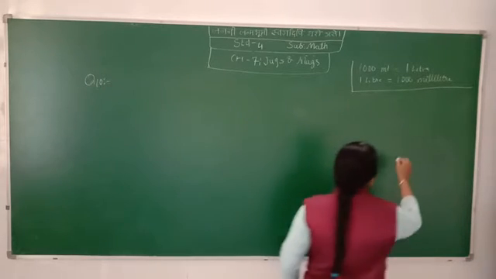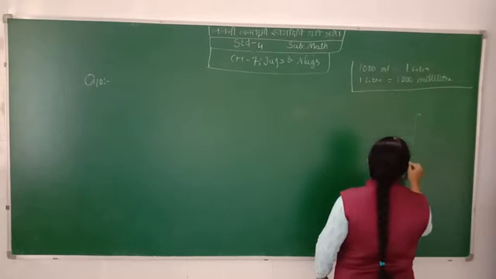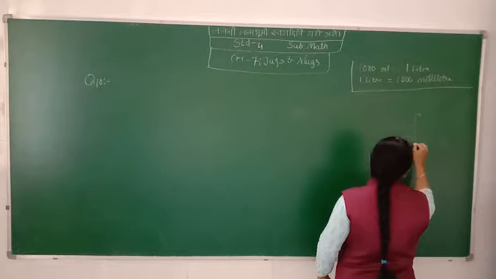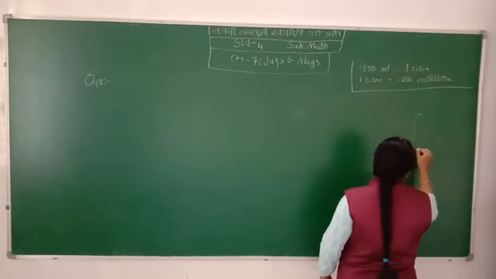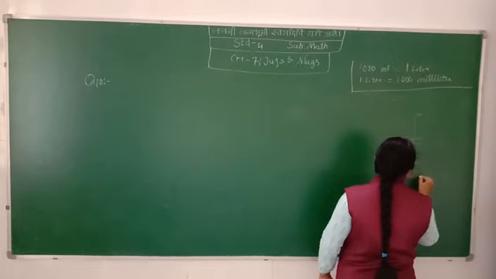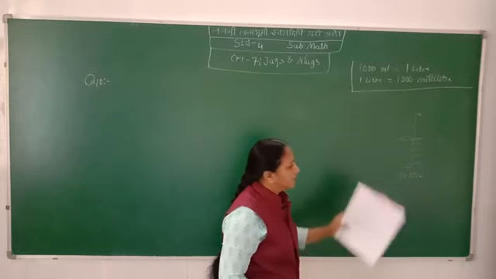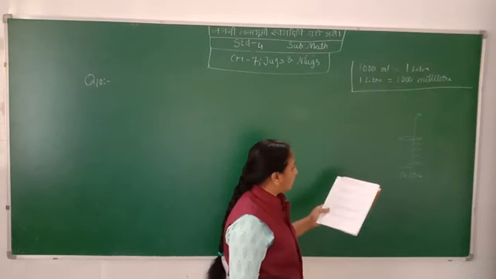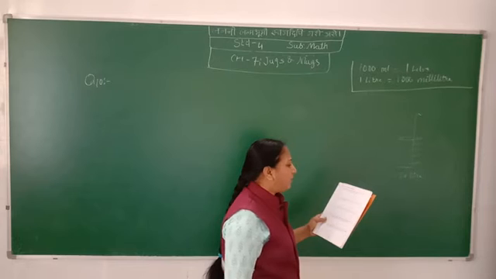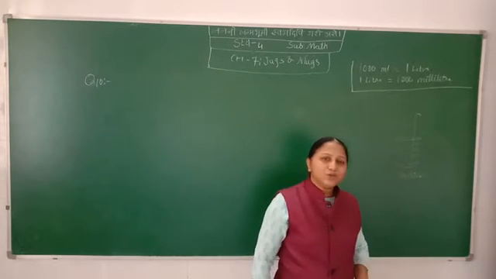Half liter means we have 500 ml: 100, 200, 300, 400 and 500. So that means half liter. We have a pot which has half liter capacity.